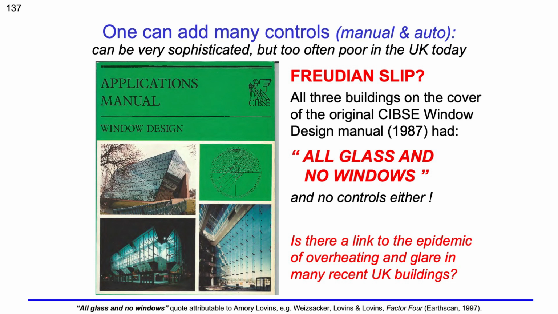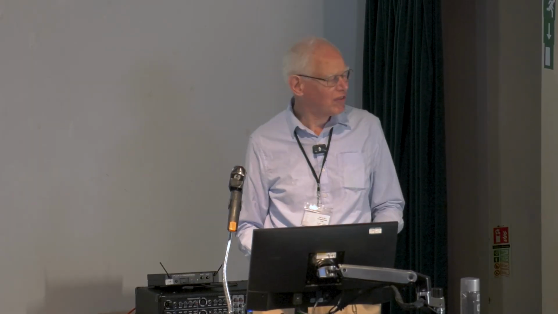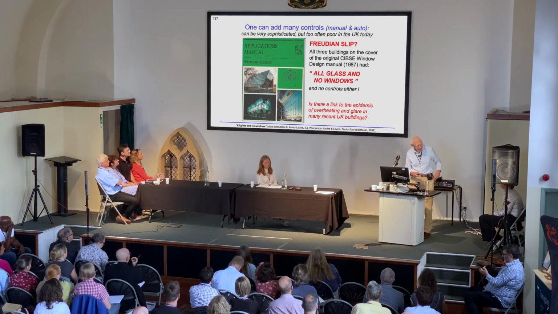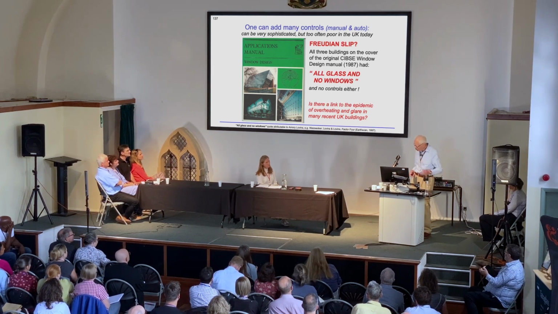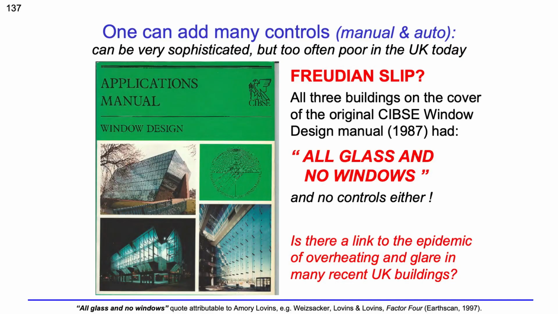In fact, its latest edition is simply about windows and daylight. But I wonder if this had something to do with the epidemic of glare and overheating in modern UK buildings, viz. the modern office that Robin occupied that she showed. I got a lovely picture of them in there with umbrellas, because it's the only way to keep the light off, because chinks of sun go through the internal blinds they had.